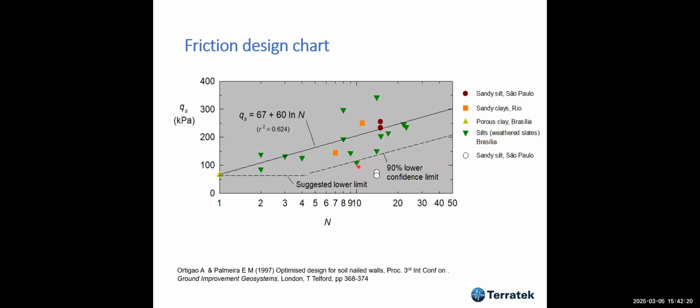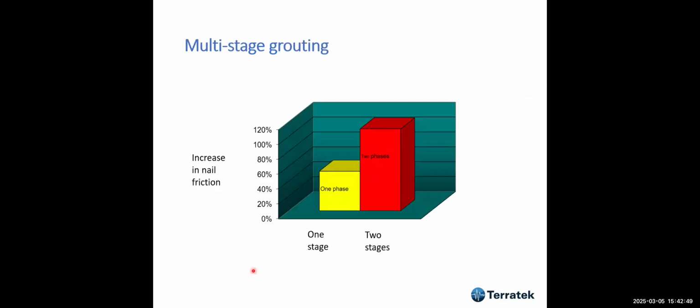So I can come up here and have an idea of, for instance, if I have a soil with an SPT of 10, I will come up here, I can assume something like 100 kPa in most cases. If you have a much better soil, you can double that value. And this was published in 1997 by Professor Palmeira and myself.